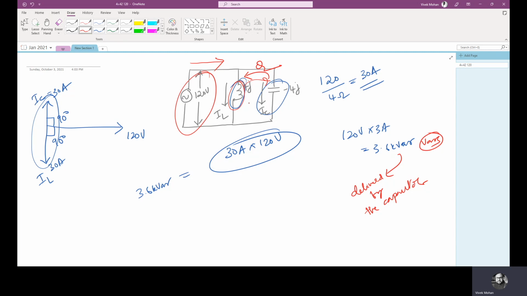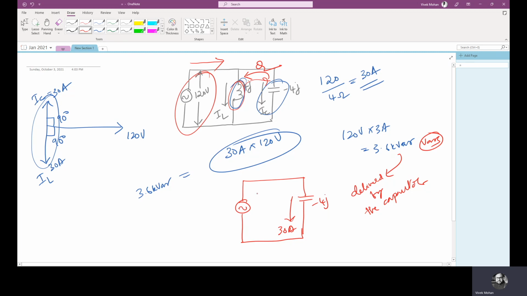Now let us take another step and remove the reactor from the circuit. So I have the same source, but I am having only the capacitor. I have removed the reactor, the same capacitor. So the 30 amps current is still the same. I am having minus 4j, right?